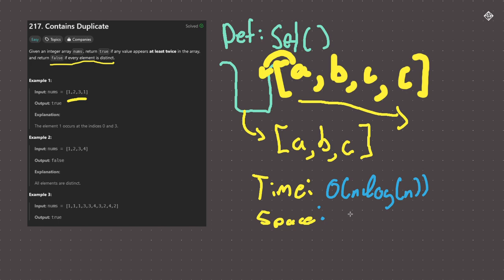From what I understand, the log n is a little bit ambiguous for me, but I believe that once you've sorted it, when you iterate through your array, you don't have to go through the entirety of the array if you catch a duplicate.